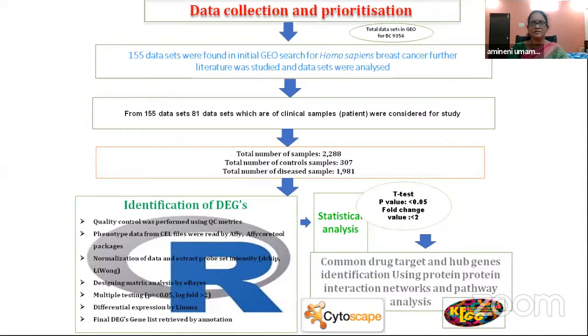As I already mentioned, this is a heterogeneous disease. We considered all these patients to find common drug targets, but we were unable to find a common drug target. So what we are doing is, based on the molecular subtypes like luminal A, luminal B, normal-like, triple negative, and basal-like cancers, we separate the samples by molecular subtype, and in each subtype we plan to identify the differentially expressed genes.